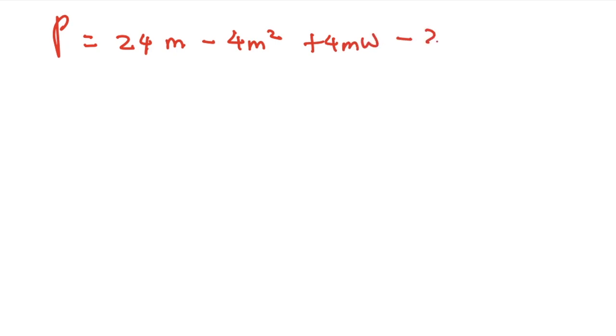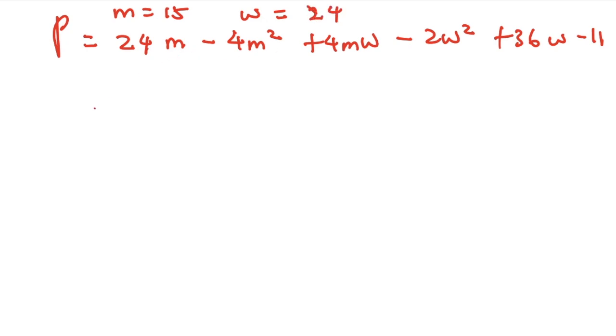You rewrite again the profit function that you calculated earlier, which is 24m minus 4m square plus 4mw minus 2w square plus 36w minus 11. You know that your m you found earlier is equivalent to 15. You know that your w you found earlier is equivalent to 24.